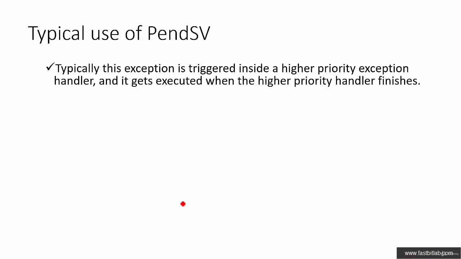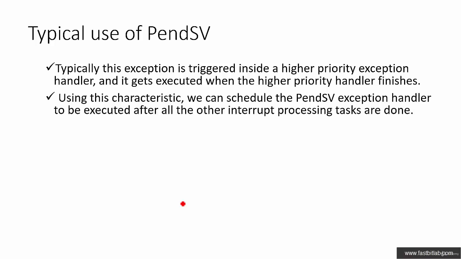Typically, this exception is triggered inside a higher priority exception, and it gets executed when the higher priority handler finishes. Using this characteristic, we can schedule the PendSV exception handler to be executed after all the other interrupt processing tasks are done, because generally we keep the priority of PendSV as low as possible.